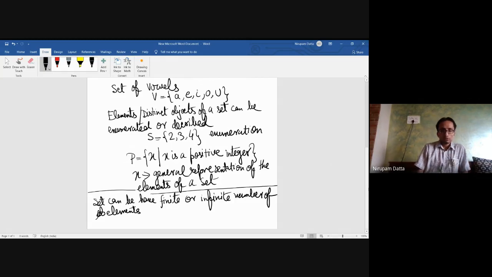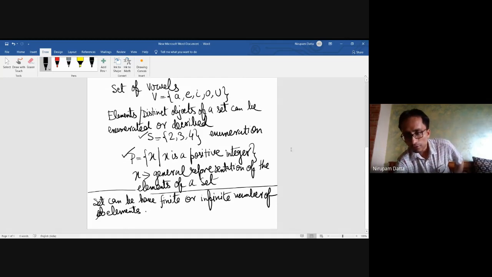If you look at this example, set P, where P is equal to {x | x is a positive integer}, it has an infinite number of elements. But if you look at the set S, how many elements are there? Just 3 elements: 2, 3, 4. So this set S has a finite number of elements.